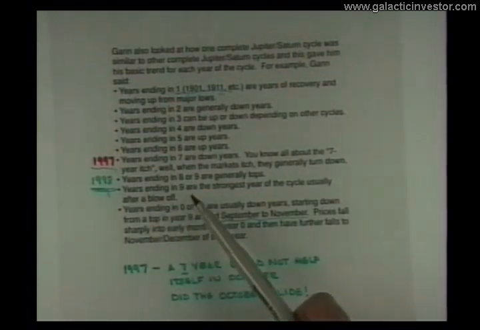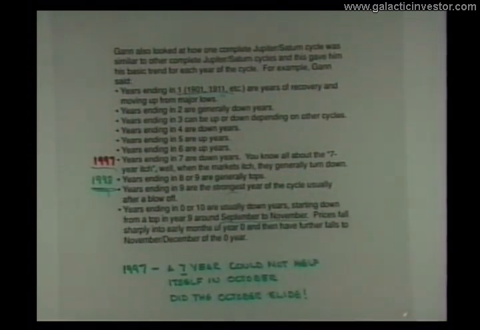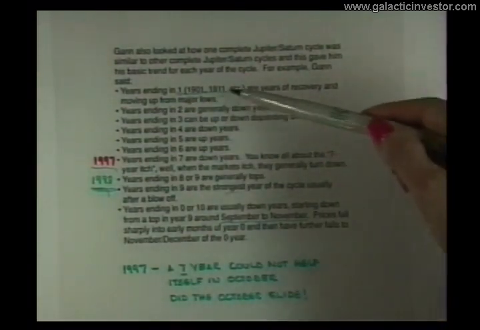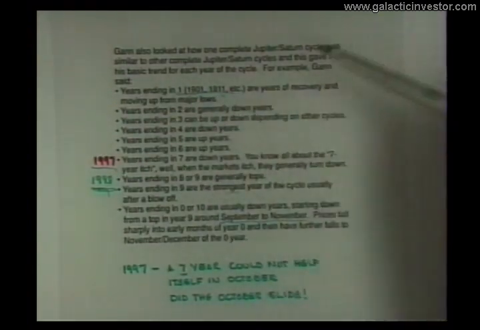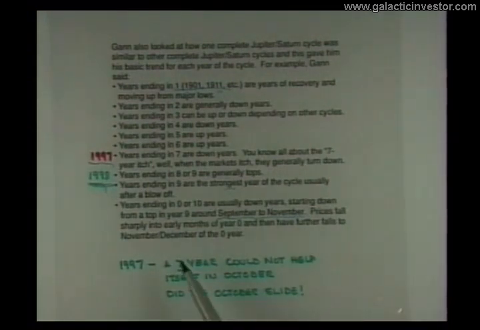The year ending in 9 is the strongest year of the cycle, and it's usually a blow-off. This is before we get into the conjunction, which of course comes in 2000. So you get the blow-off in the 9 year, and then you go back up here to the years ending in 1, and you get the recovery again. So in 2001, you start a recovery.